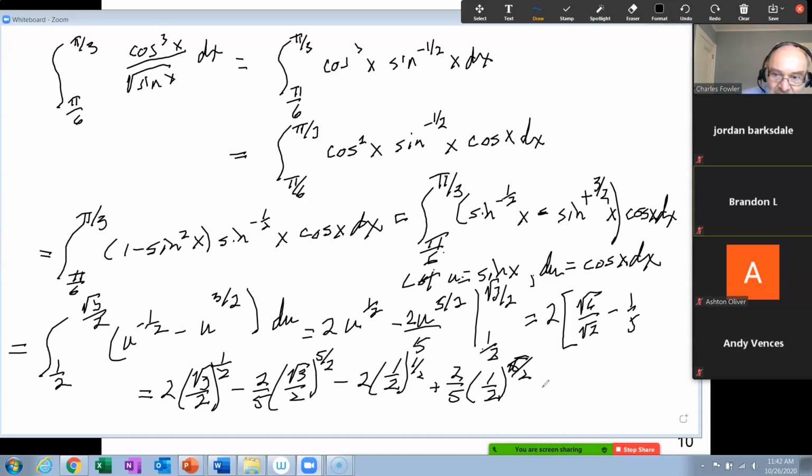Okay. So you have 2 times that minus 2/5 times that minus root 2, and this does just turn into root 2 because this is 1 over square root of 2 times 2, so this just becomes the square root of 2. And I'm sorry, my writing's so terrible there. And this is messy.